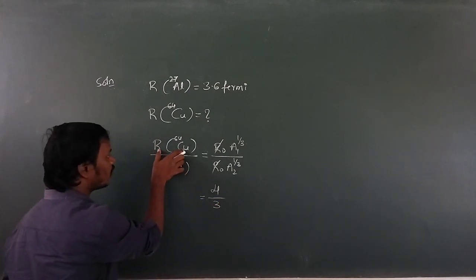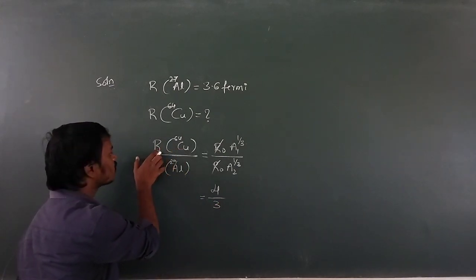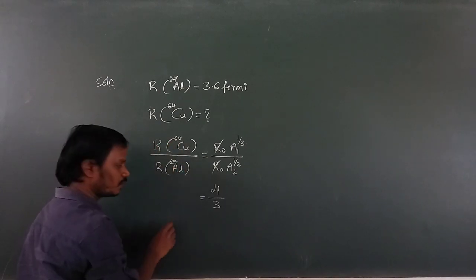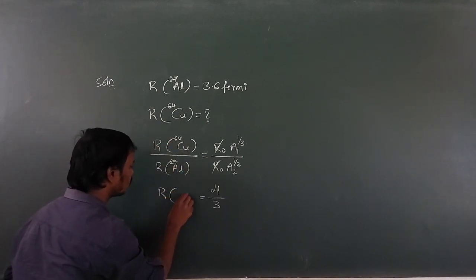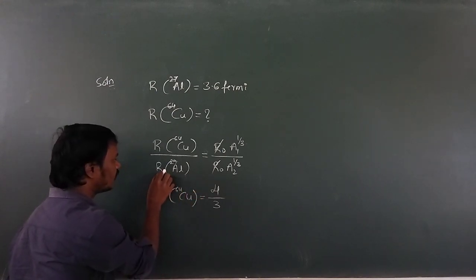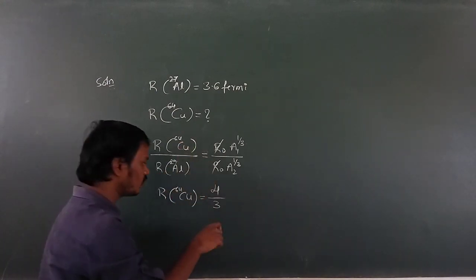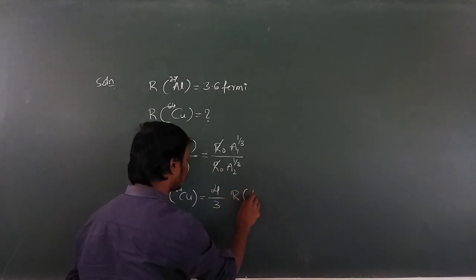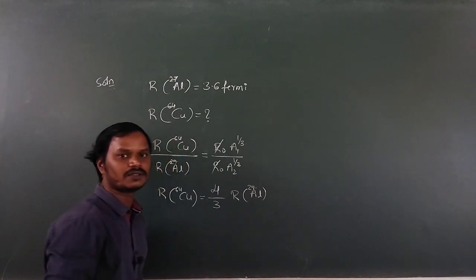Now what is our aim? Our aim is to find the nuclear radius of copper-64. Let us take the radius of aluminum to the right hand side. So that is R of Al-27, the radius of aluminum-27.